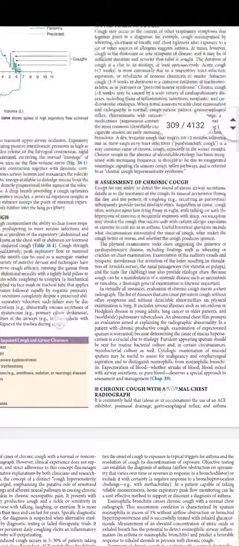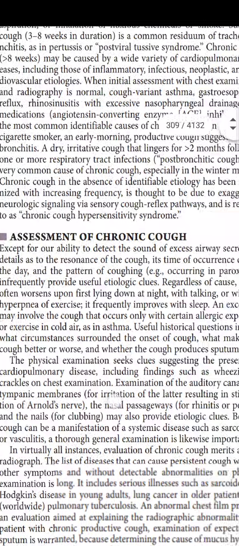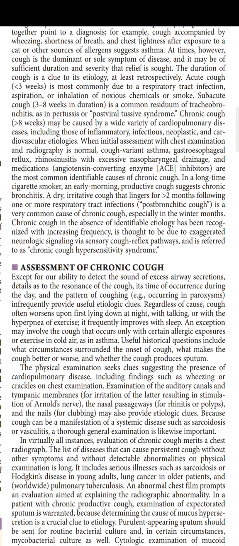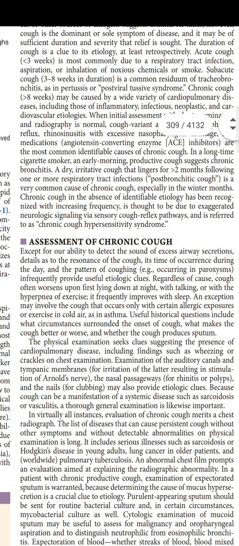Cough, almost all is the same except that there is a new entity called chronic cough hypersensitivity syndrome. In the absence of identifiable etiology, it has been recognized with increasing frequency and is thought to be due to exaggerated neurological signaling via sensory cough reflex pathways, and that's referred to as chronic cough hypersensitivity syndrome.